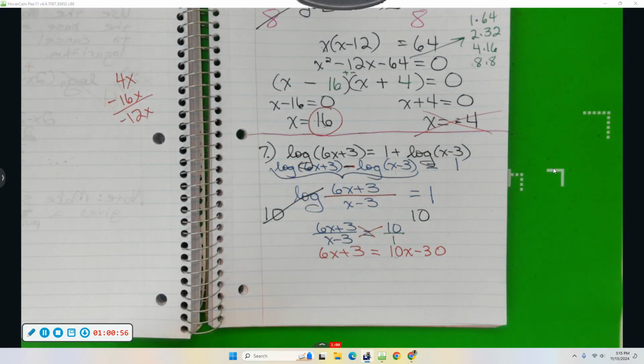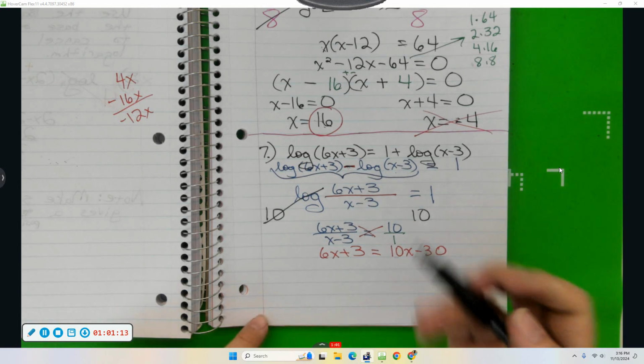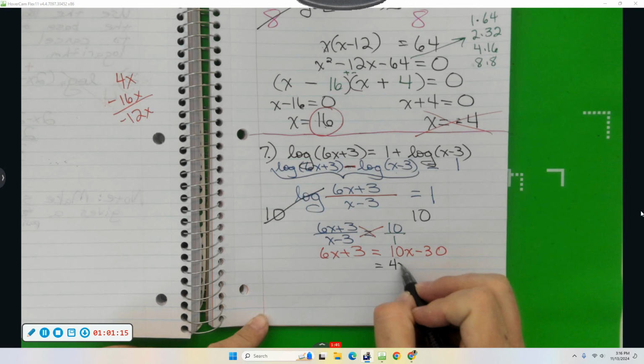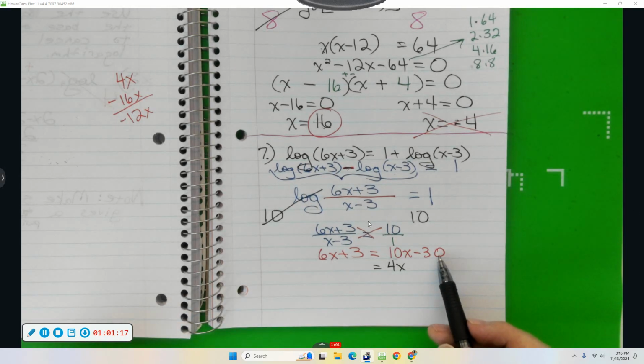And let's move the terms around in a way so that we decrease the number of negatives. How about we move that 6 over and combine it with the 10? What are we going to have to do? That's a positive 6x. So 10x minus 6x gives me a 4x. Let's move this number over to the right by doing what?